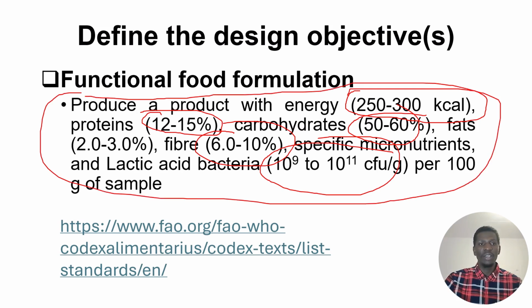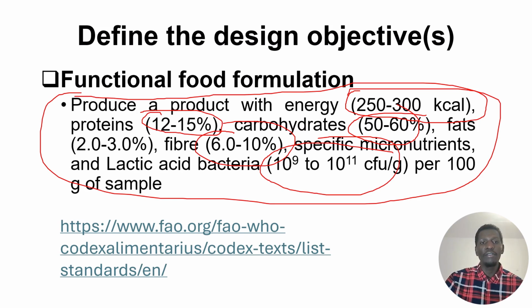This means that you have to again consult literature and look at background information on the different raw materials that you can use. Different raw materials that have nutrients, where if you combine these nutrients, it will give you this dietotherapy.